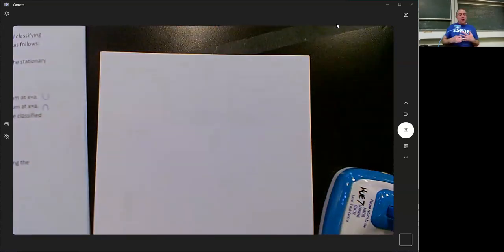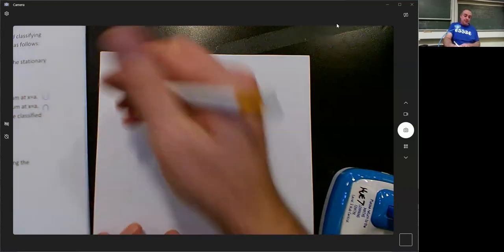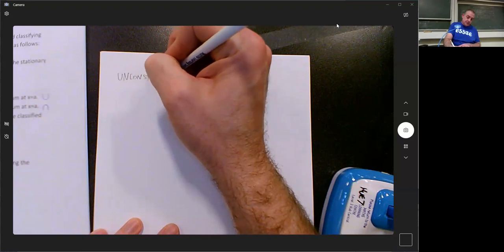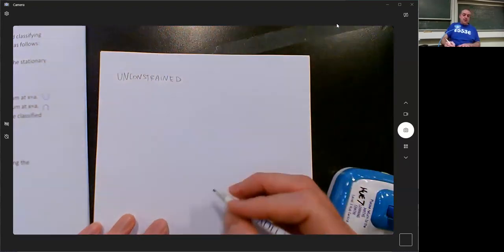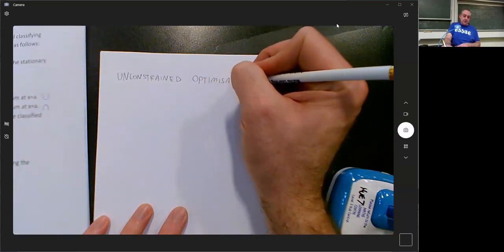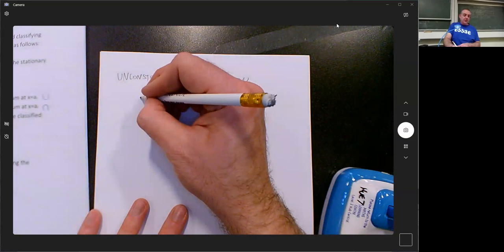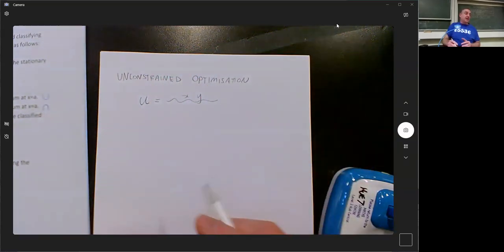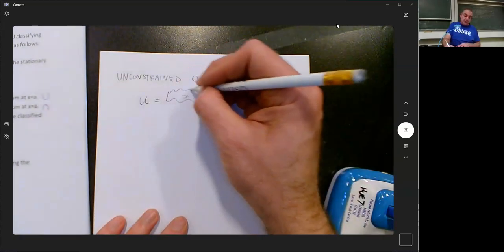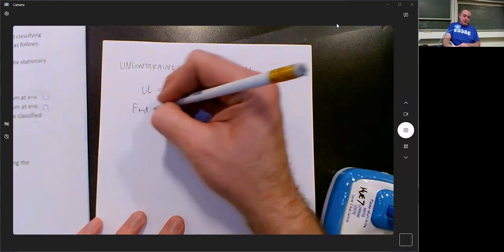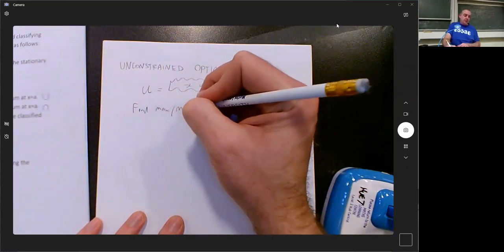So there's two kinds of optimization in this course. There is unconstrained and constrained. In unconstrained optimization, you have some function, often a u, involving both x and y, or possibly a z as well, and you want to find the maximum or the minimum of u.